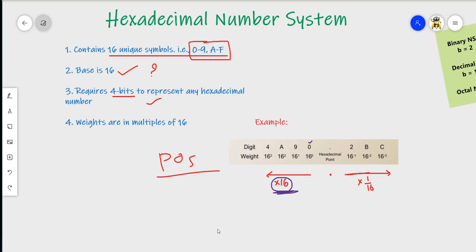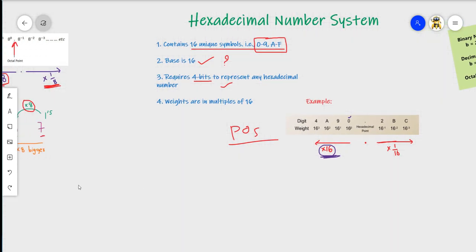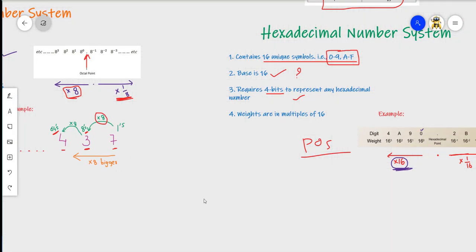So practice, because most probably tomorrow or the day after there will be an assignment or quiz, whatever, on all these 4 number systems. So I want you to be ready for that assignment or quiz. So don't waste your time. Take down the notes and go through the notes. Practice.